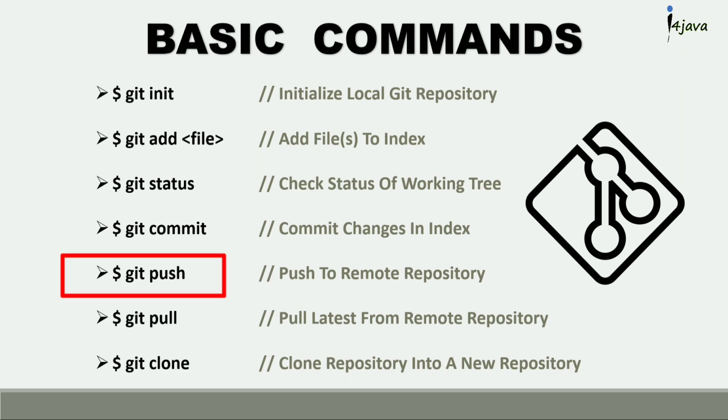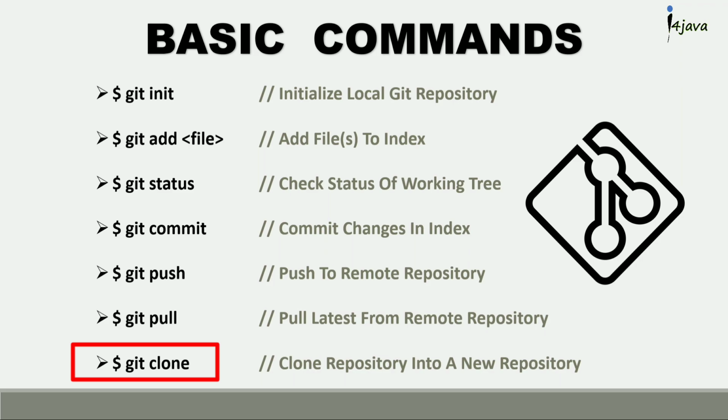Git push is used to push our code into a remote repository. Git pull is used to pull the latest update from the remote repository. We can use the git pull command. To clone the latest update from the repository, we can use the git clone command, and we can clone the whole repository into our local repository.